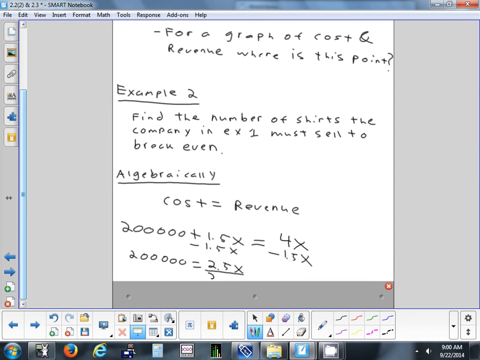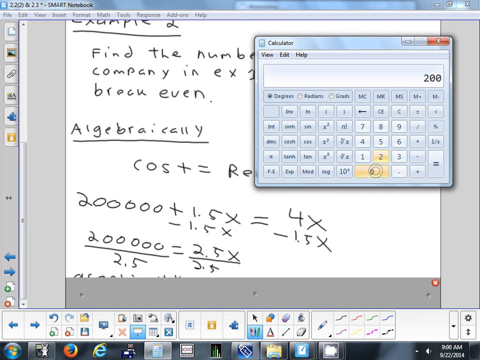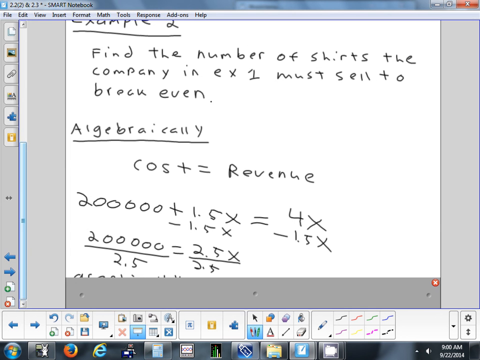Yep, divide by 2.5 and divide by 2.5. Okay, so we'll do 200,000 divided by 2.5. So that's 80,000 shirts. Any question on doing that algebraically?